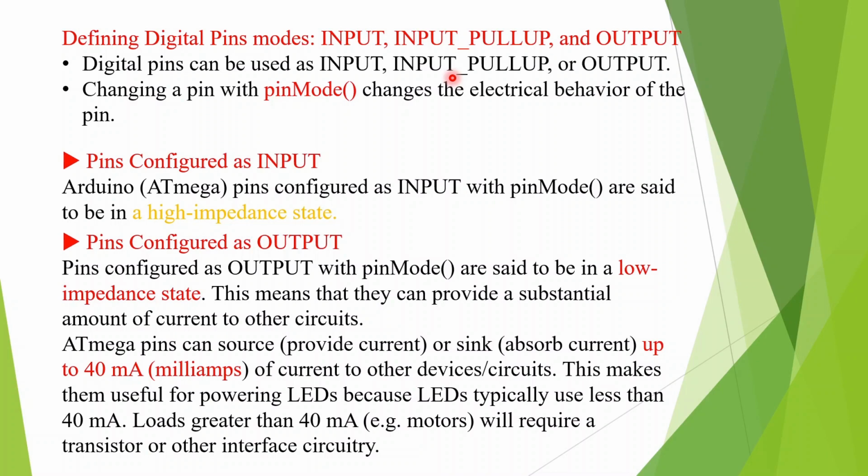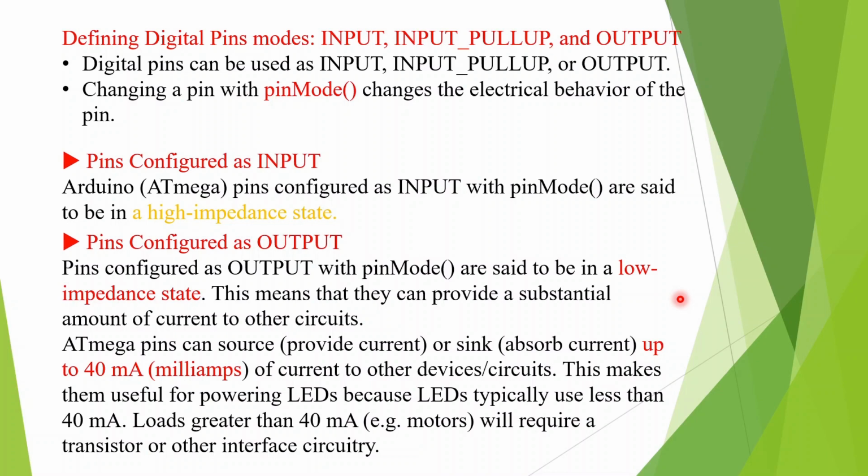Suppose you connect a sensor to the input pins of the Arduino; then we set that pin as an input using the pinMode function. A pin configured as an input is in a high impedance state, meaning we can take data from other devices. A pin configured as an output is in a low impedance state, meaning we are going to drive the particular output device.